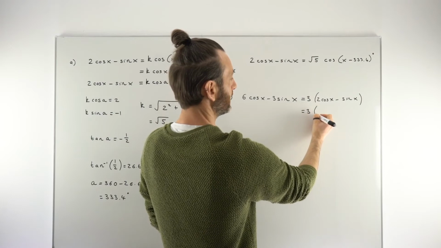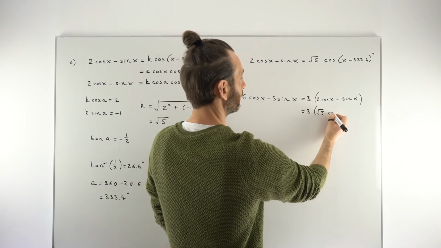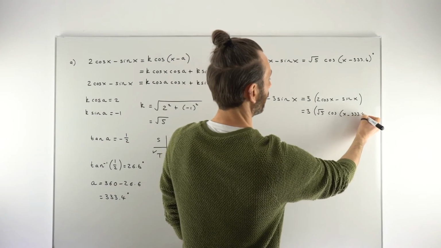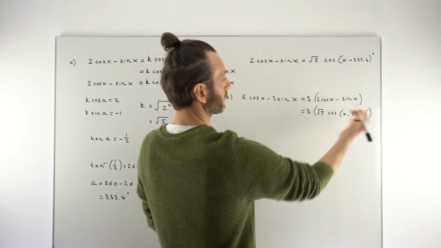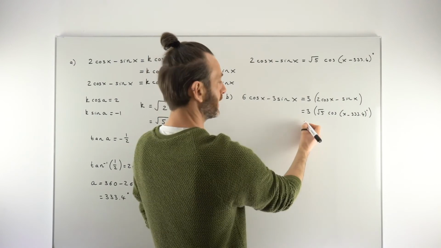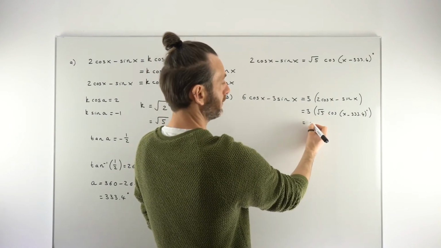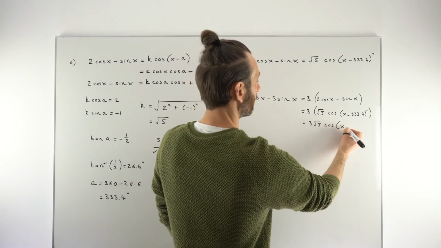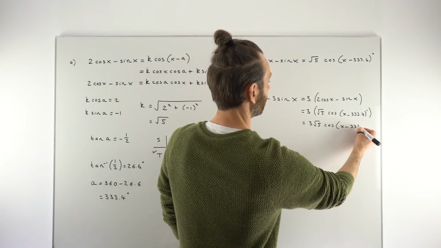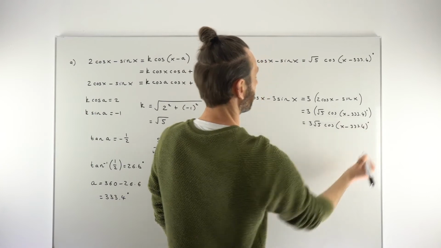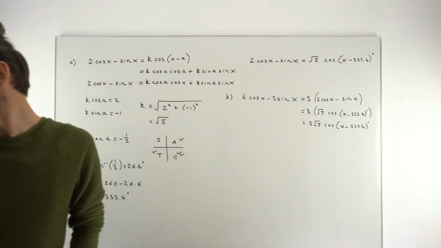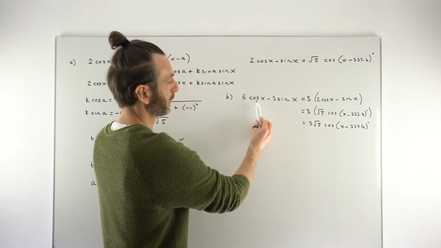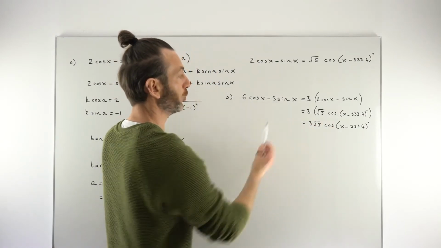So it's going to be 3 times √5 cos of x minus 333.4 degrees, and then just expanding the bracket to give us basically 3√5 and then that cosine term. So that's us connected the first part of the question to the second part, but the second part is asking us what is the minimum value. So the reason why we've connected these is because you cannot just look at this and know the minimum value.